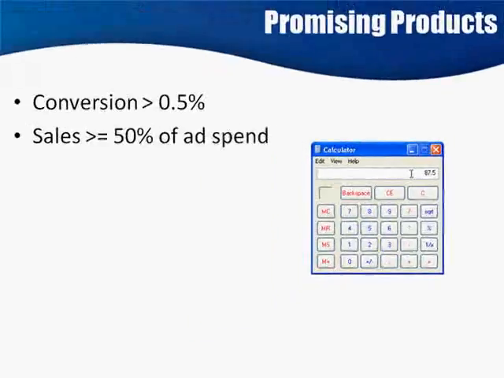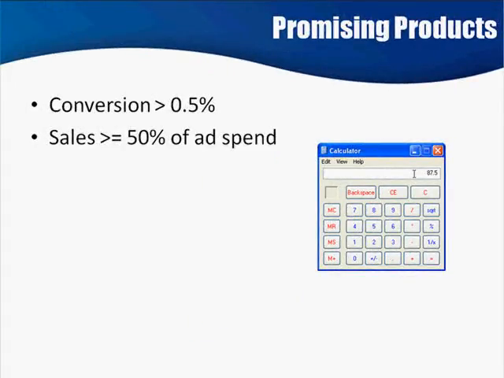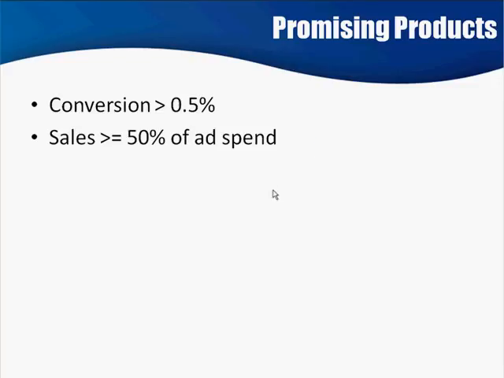So if we have made greater than or equal to $87.50, then we're good with this product, even though we're not clearing a profit yet. We're not there yet, but this shows that it's a very promising product, something that we're going to go ahead and stick it out. What we're going to do is optimize things, try to get it to perform a little bit better.